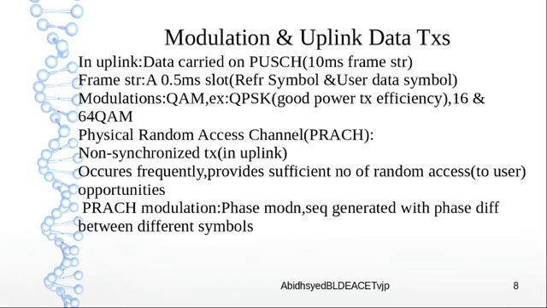Depending upon the number of bits combined, whether 2 bits, 3 bits or 4 bits, we have the phase difference accordingly between two consecutive symbols. PRACH modulation takes into consideration the phase difference between the bits being combined.